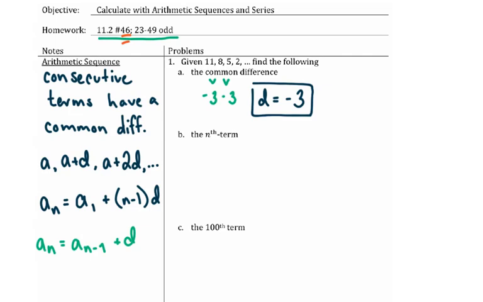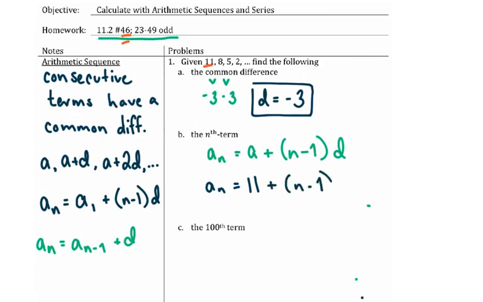So here, when we're writing the nth term, we're just going to use the formula here, and we're going to say, well, our nth term is equal to the first term plus n minus 1 times the common difference, which is then the first term we see here is 11, so we can just use the sequence given to us, plus n minus 1 is always there, and then the common difference is -3.